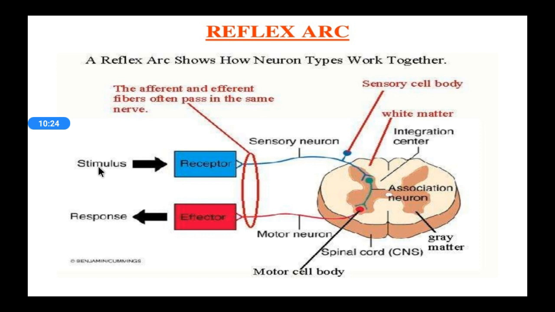In a reflex arc, the stimulus is received by the receptors, and through the sensory nerves it passes to the spinal cord. This is the spinal cord, and from the spinal cord the information passes through the motor nerves to the effectors, the muscles and glands, for the response. That means from here we understand that we have to withdraw our hands from hot objects.